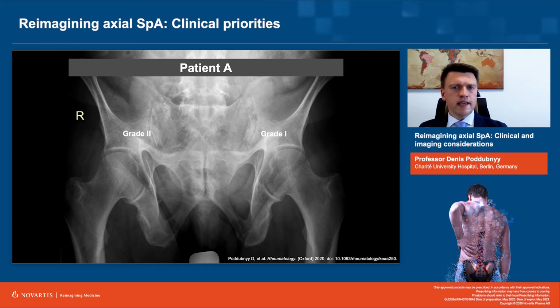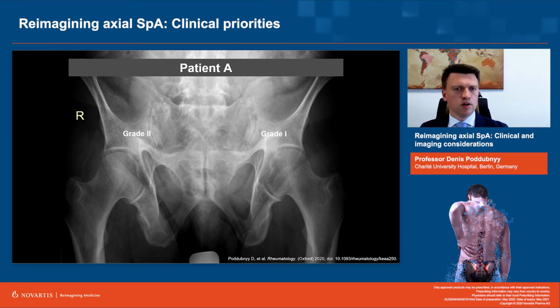And patient A, here you can see an X-ray of sacroiliac joints where you see some structural changes, especially on the right-hand side with some erosions. On the left-hand side, it is rather difficult to estimate because there is an overlap with intestinal gas. So I grade it as a grade 2 on the right side, grade 1 on the left side. So no definite radiographic sacroiliitis.